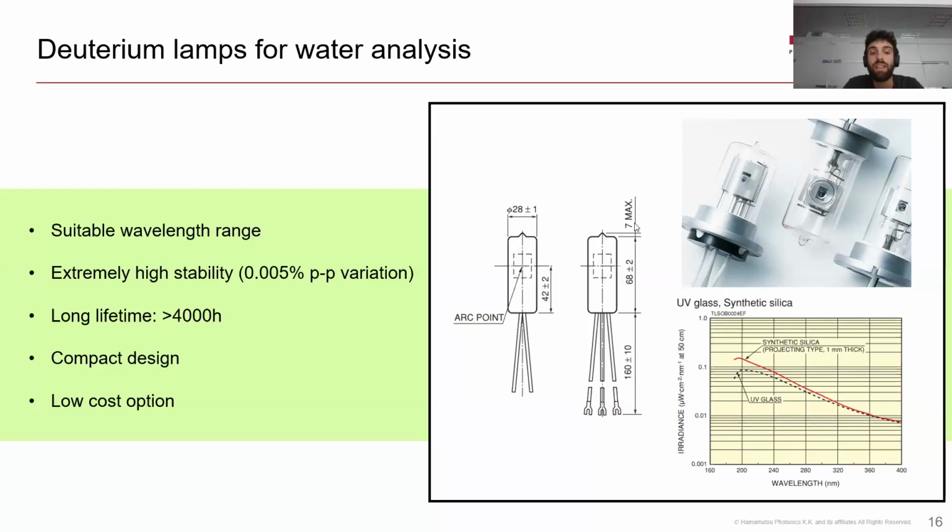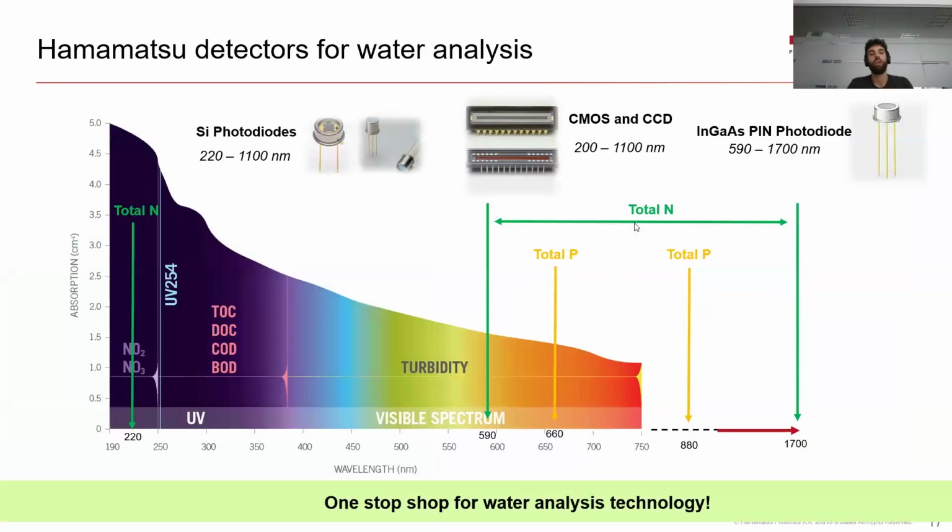They are extremely stable. We're talking 0.005% pp variation. They have a long lifetime of about 4,000 hours. And in this case, they can work in a continuous mode, so they do not need to be flashed. Again, compact design and pretty cheap as a solution.